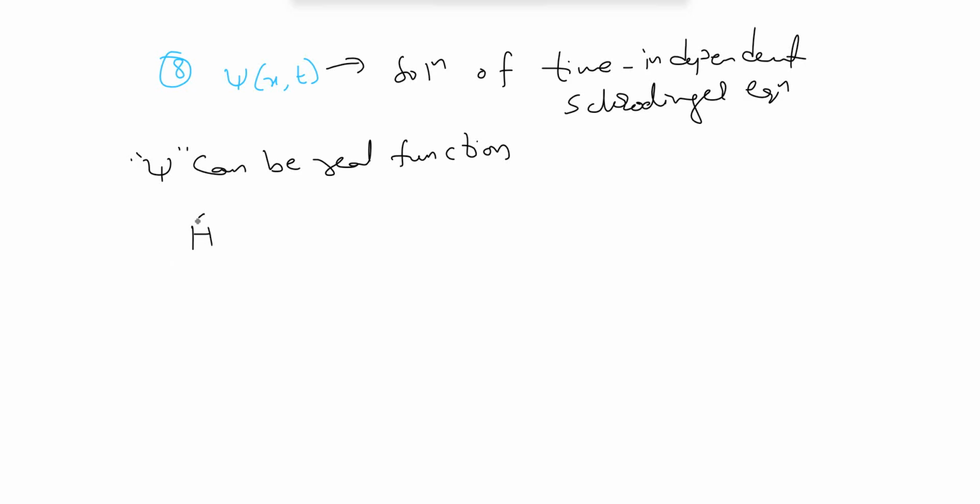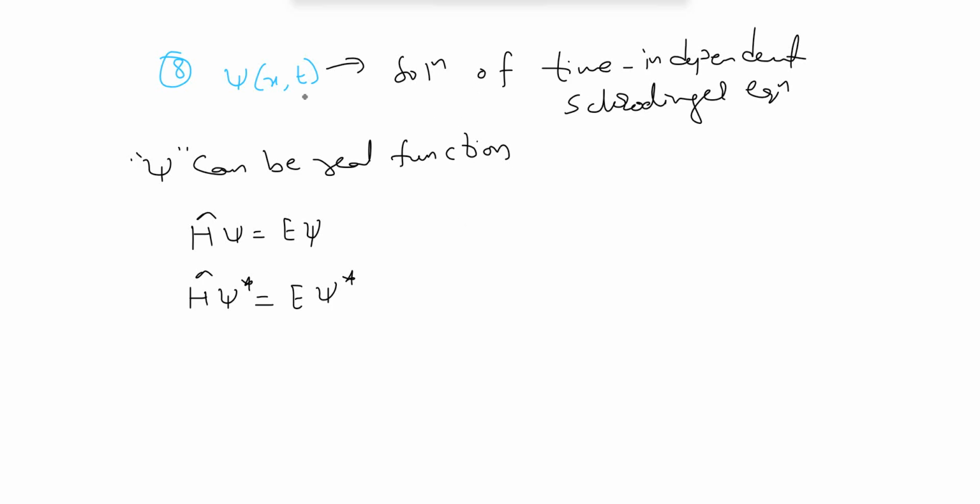So if we take H cap psi is equal to E psi, now we take the conjugate. We know that the Hamiltonian H cap is a Hermitian operator, so its conjugate will be H cap only. And E is a real quantity, so its conjugate will remain the same.